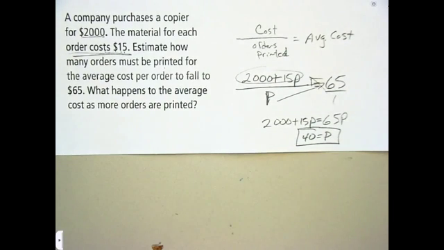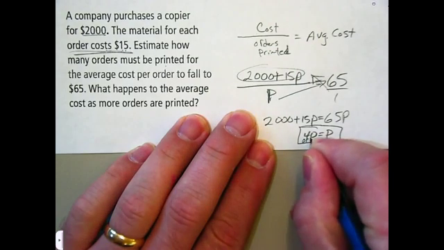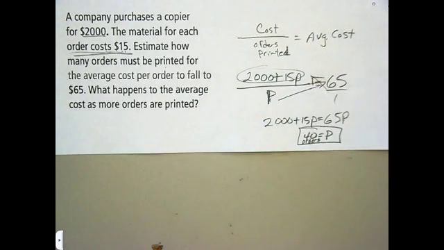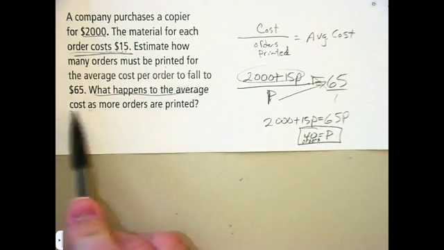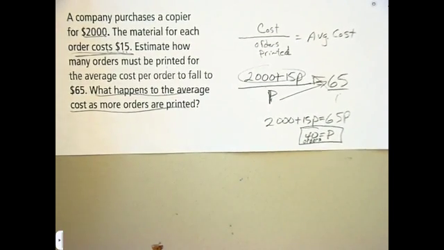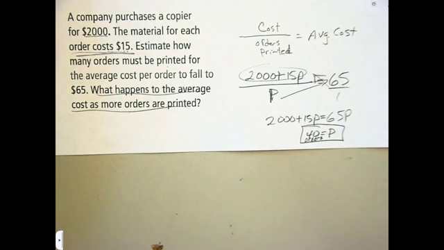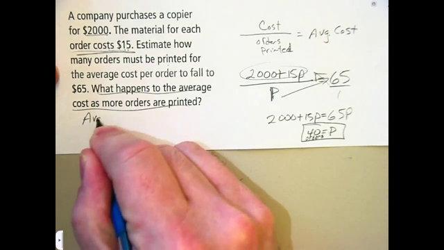Okay. So we have to have 40 orders printed. All right. What happens to the average as more orders are printed? The average approaches, Walsh? Good. The average approaches 15.